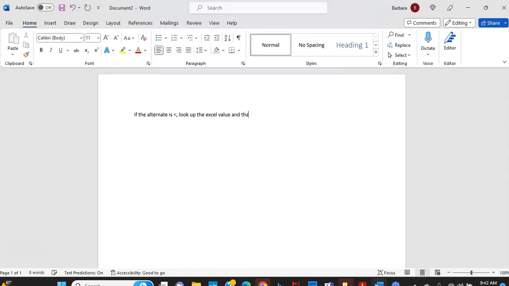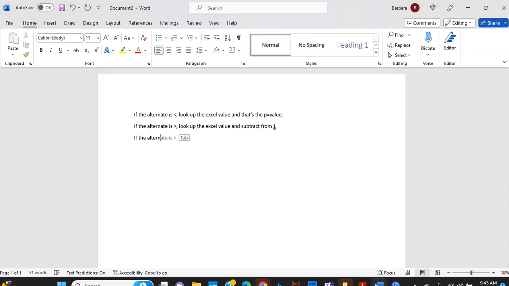And that's the answer. That's the p-value. So less than is always nice. If the alternate is greater than, look up the Excel value and subtract from 1.